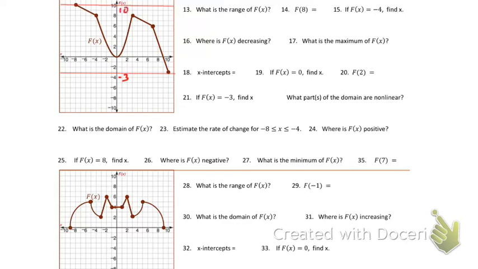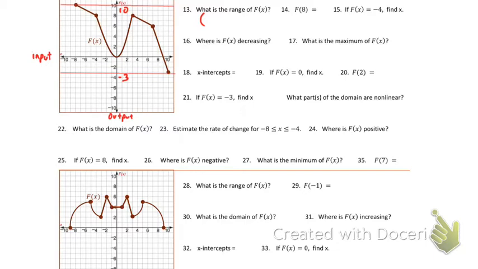Okay, so remember, the range is using the output line. And this is our output line. This is our input line. So we're looking at the output lines, and our range is -3 to 10. So we're going to use interval notation.